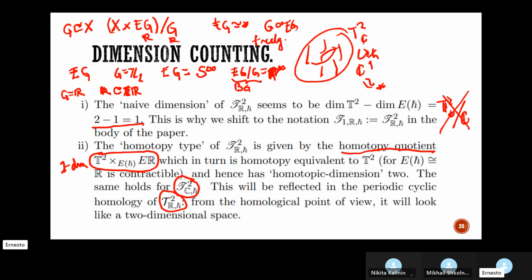It's T2C cross EC, with R acting, that is the correct topological type. And this computes the correct topological invariants. And it's of dimension 2. So that's the correct dimension counting.